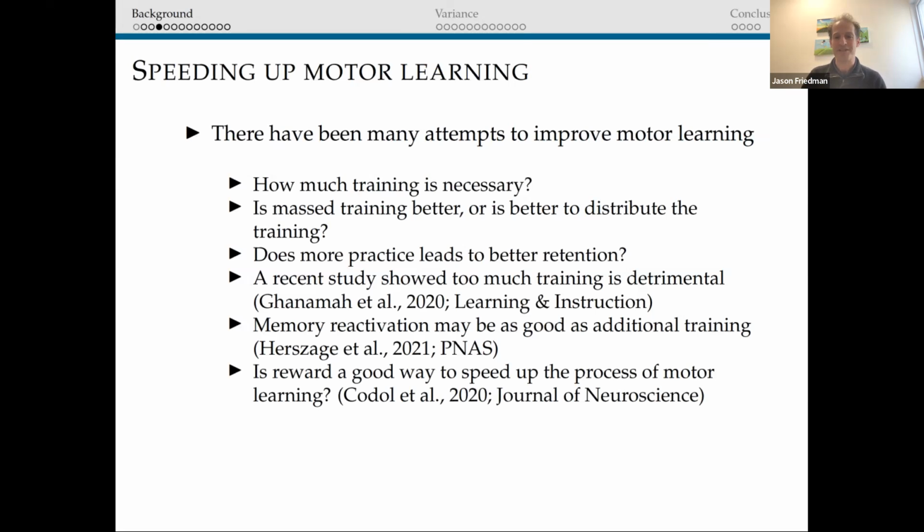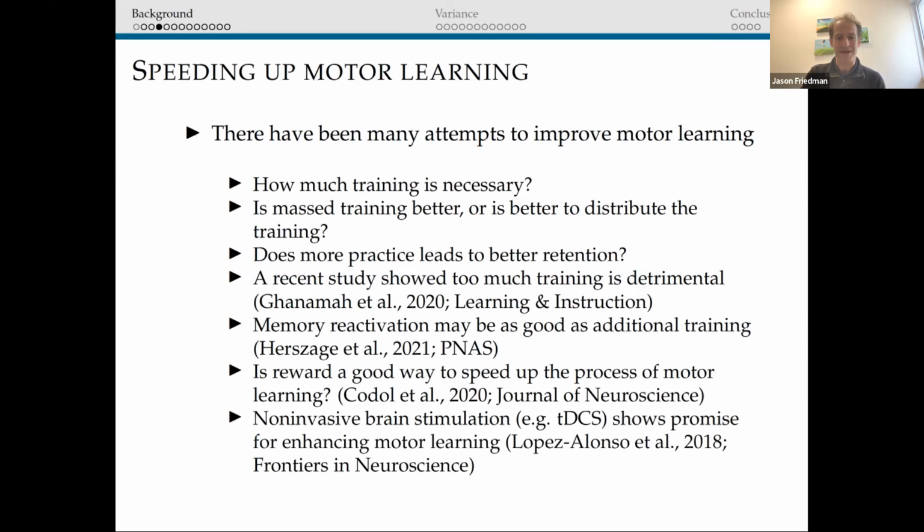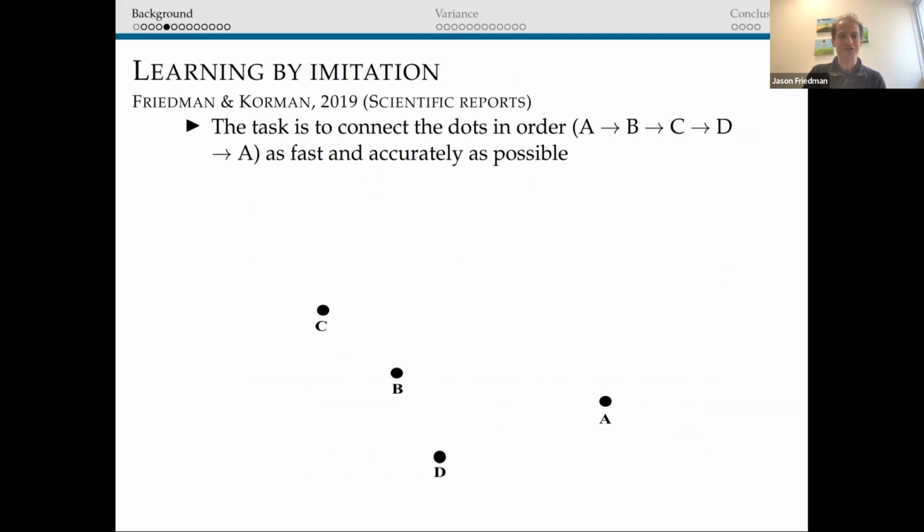Is reward a good way to speed up the process of motor learning? And finally, non-invasive brain stimulation, things like transcranial direct current stimulation or TMS. Some of them have shown promise for enhancing motor learning. So I'll just talk to you briefly about the two studies we've done previously, looking at this idea of trying to speed up motor learning.